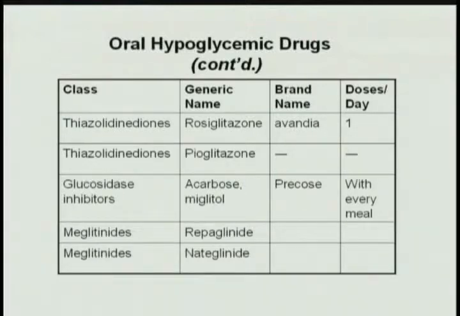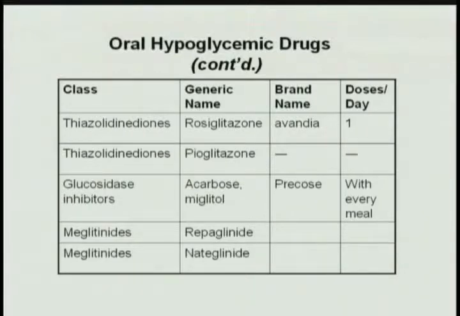Right? These are wonderful medications. They basically sensitize the cells to insulin, so you get less insulin resistance. They're great medications. Now you could use them once a day. They're dosed once a day, so they work very well. And the thing is that you could use them even sometimes with renal insufficiency, so they're good medications.